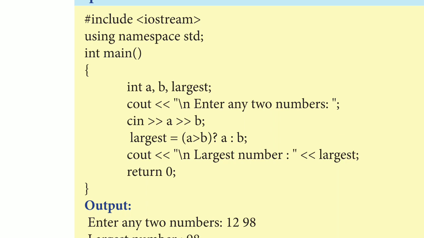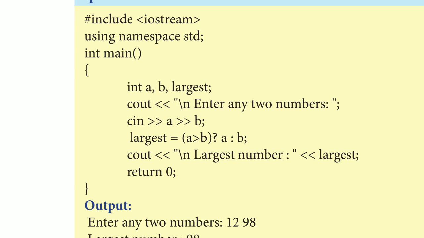So by a simple one line of code you can execute the same action as if and else. If you are using if else, then you will use the keyword if, and then give the expression a greater than b, and then open a new bracket, and inside that give largest is equal to a, and then create an else part.